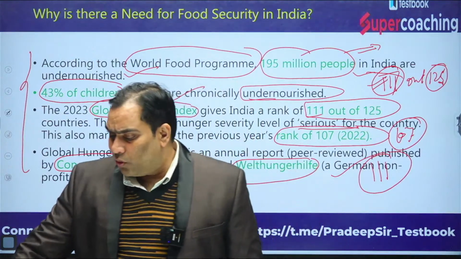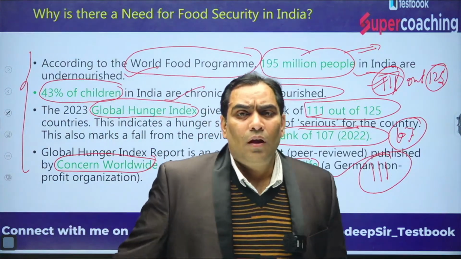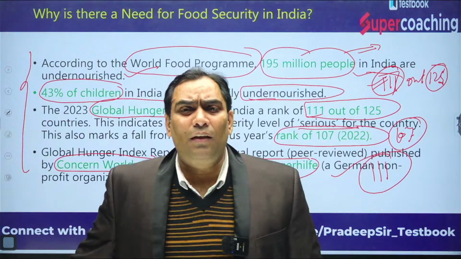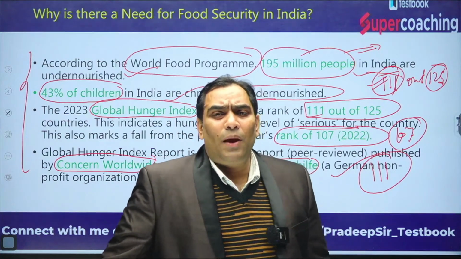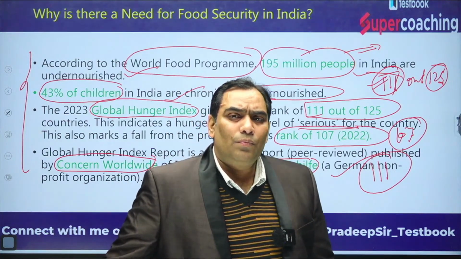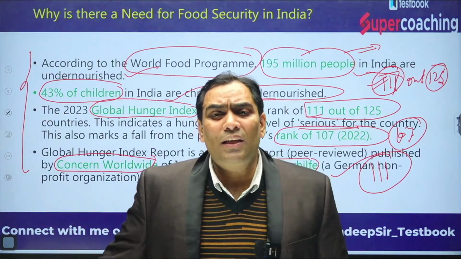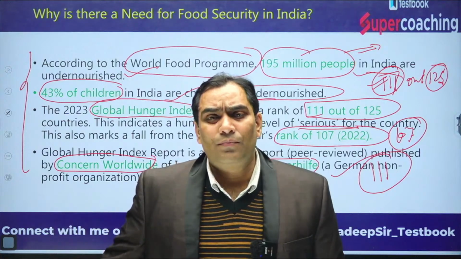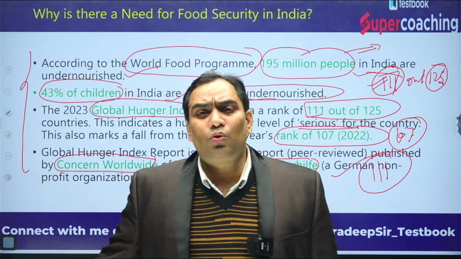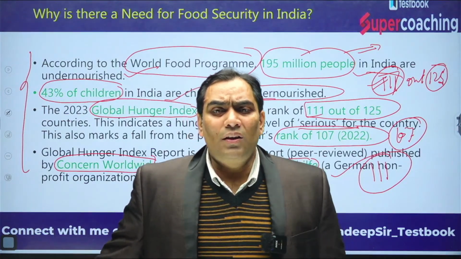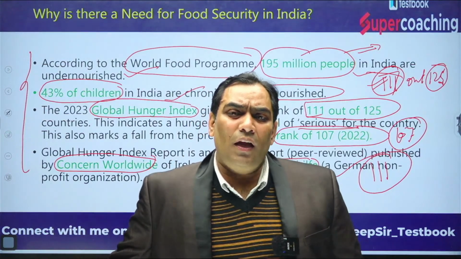So I just want to say that although we have taken measures to ensure food security in India, the measures are not sufficient, because these data show the relevancy of those measures.